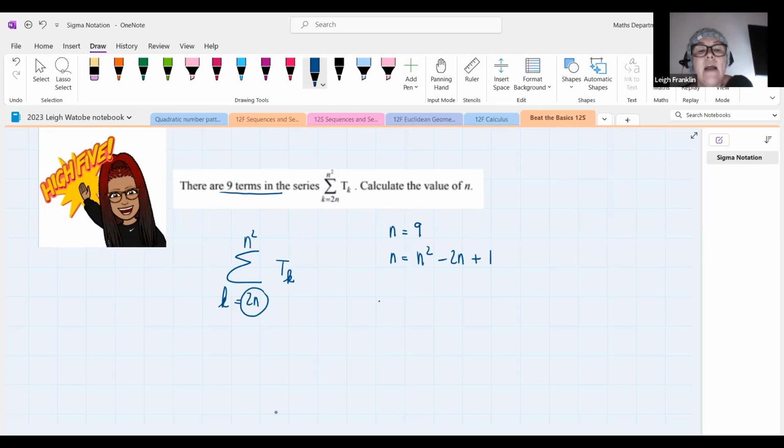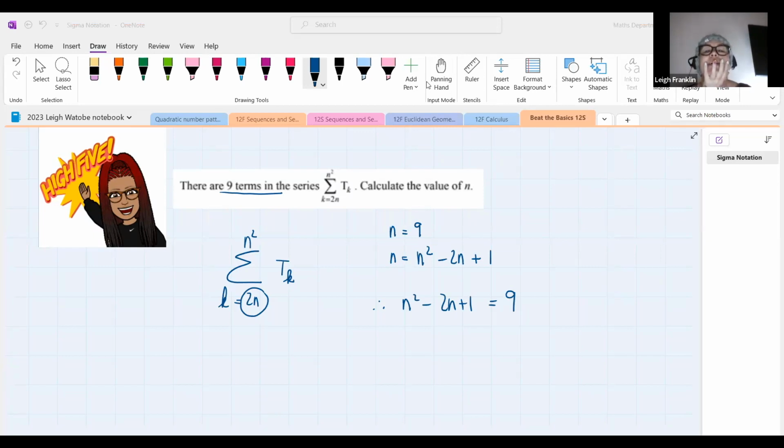Okay, so that means that n squared minus 2n plus 1 is equal to 9. Do you see how it's application of the basics, including reading the information in this particular question? Does that make sense to everybody?